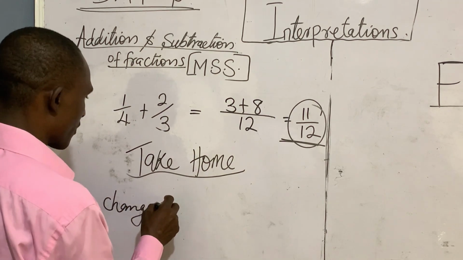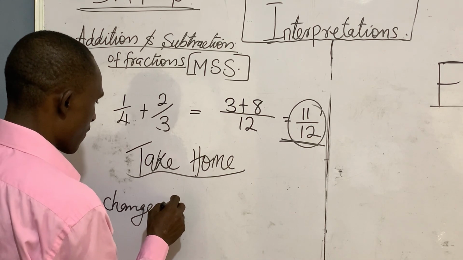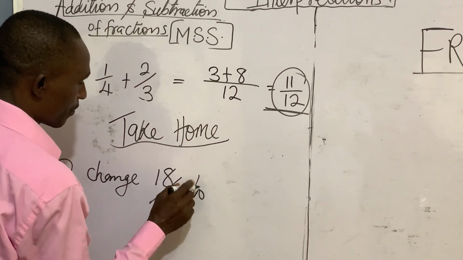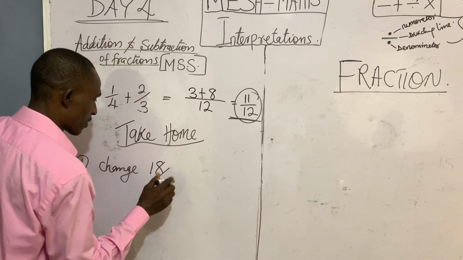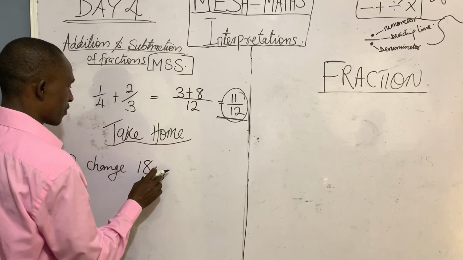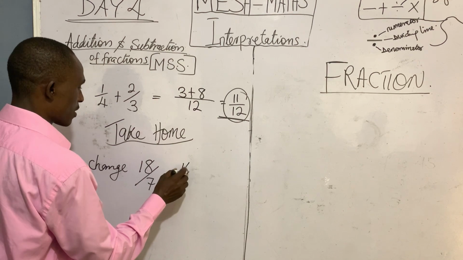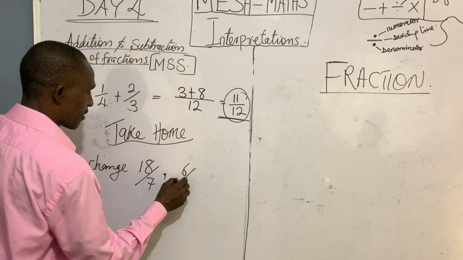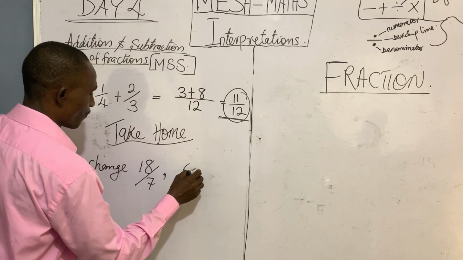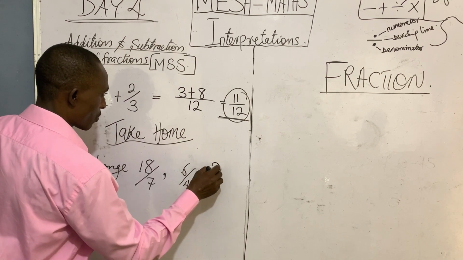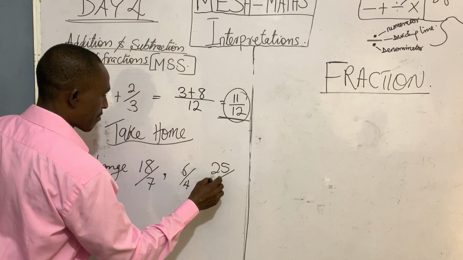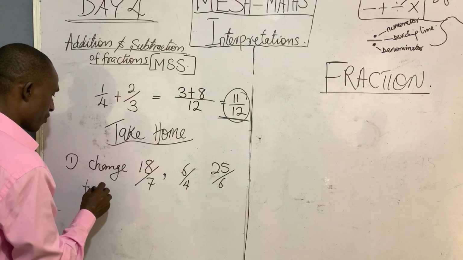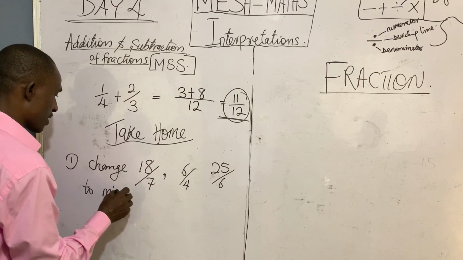Change 18 over 7, 6 over 4, 25 over 6 to mixed fraction.